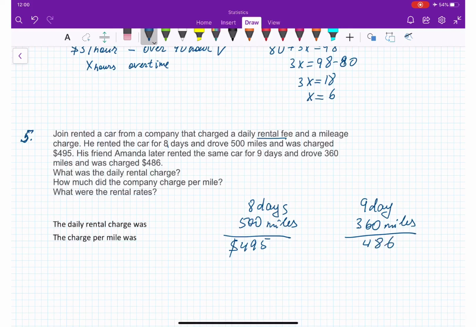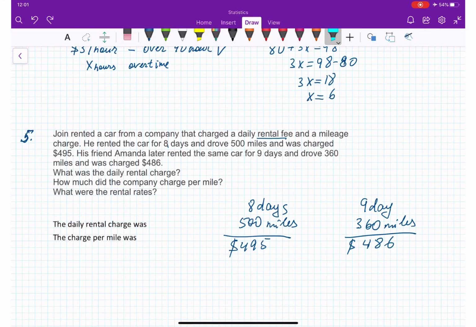I'm sorry, here it is, 486, 495. Okay? So, how much did the company charge per mile, and what was the daily rental charge?